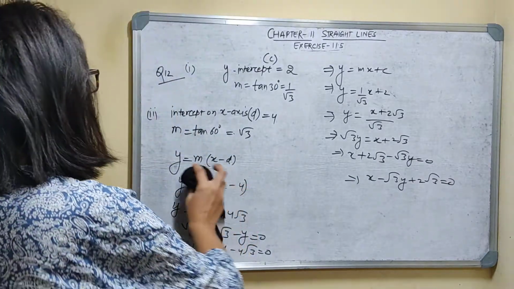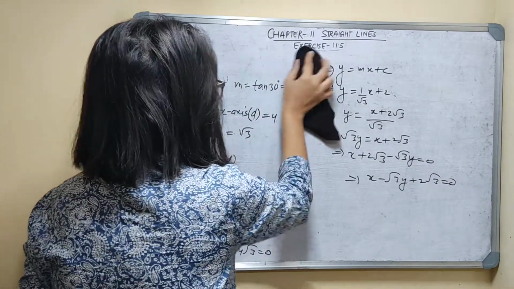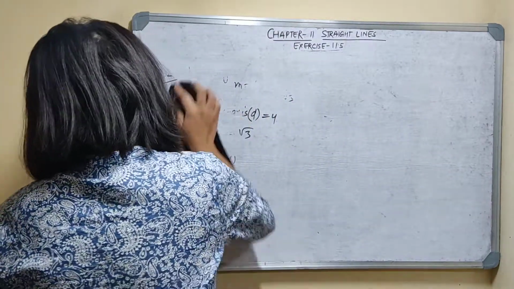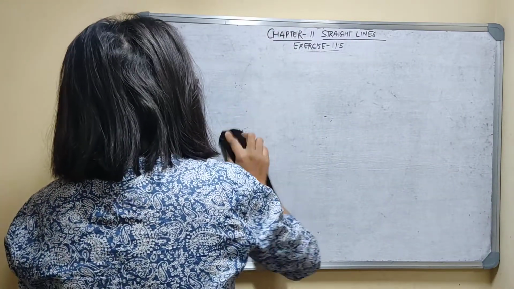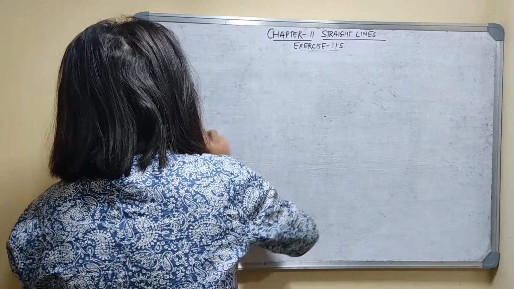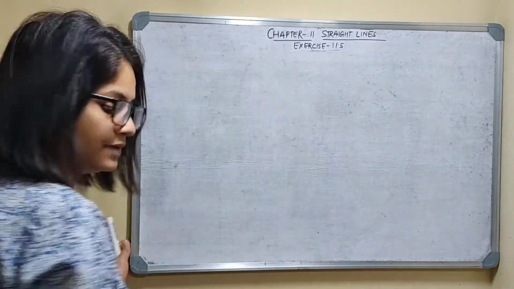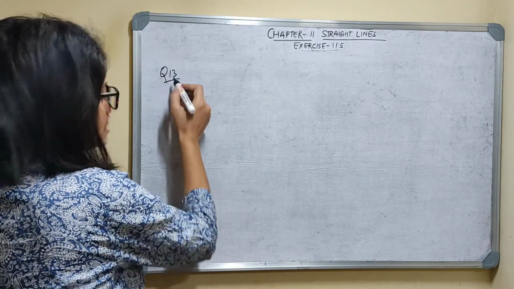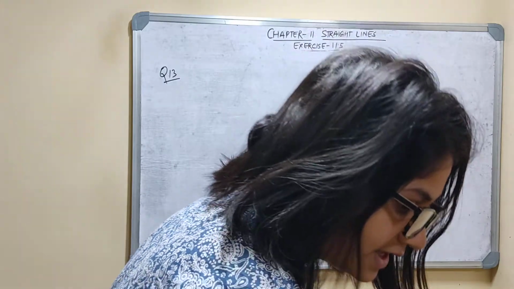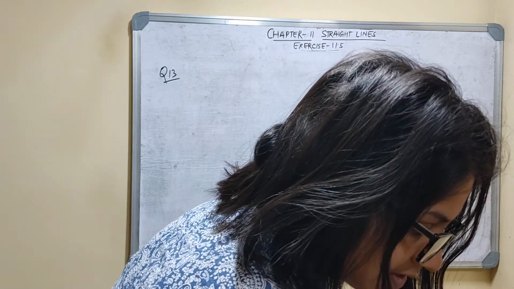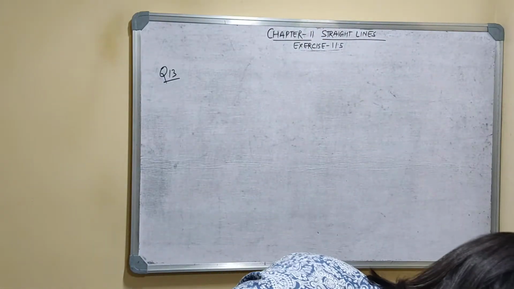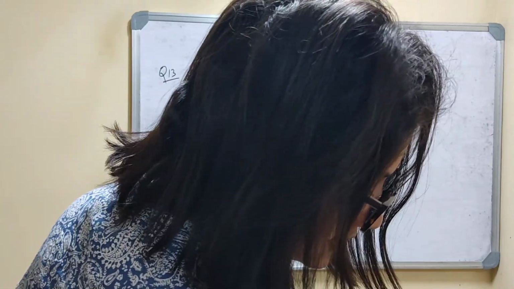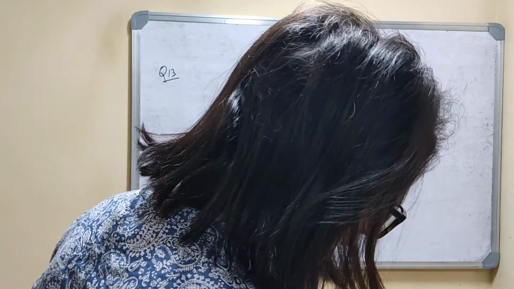Okay. Now question number 13. Find the equations of the bisectors of the angles between the coordinate axes.